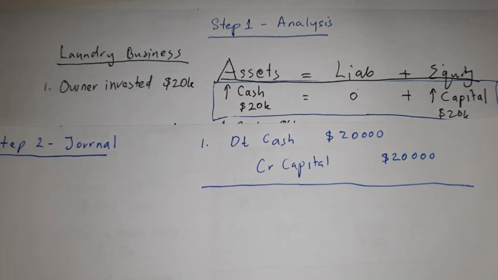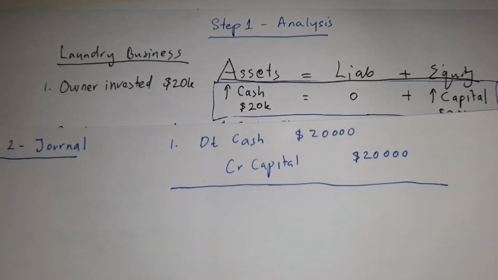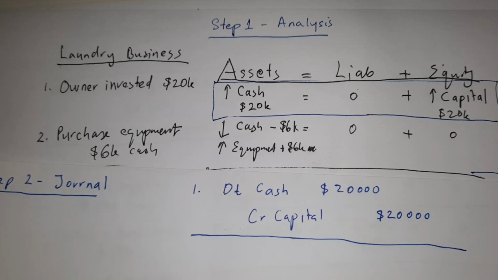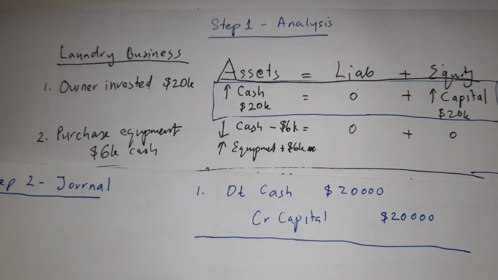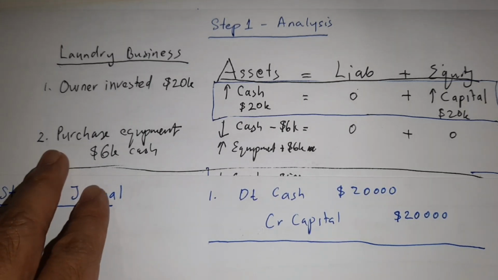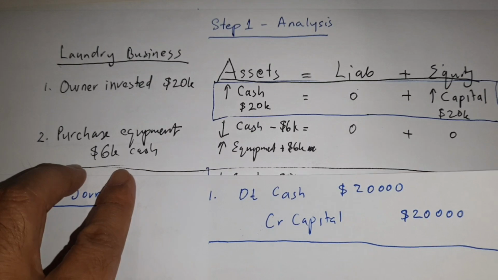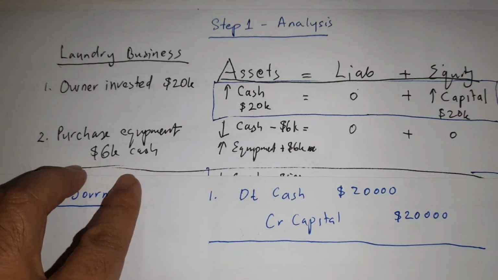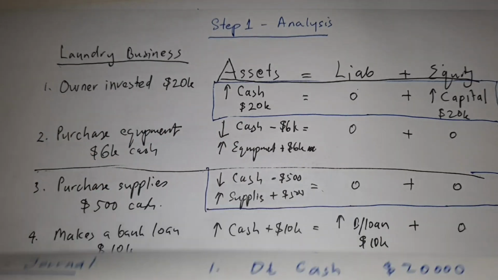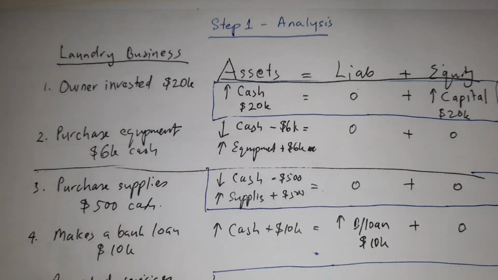And then you have to do the journal entry for the second transaction. So what is the second transaction here? The second transaction is your business purchase equipment $6,000 cash. So when this happens, you analyze the transaction.